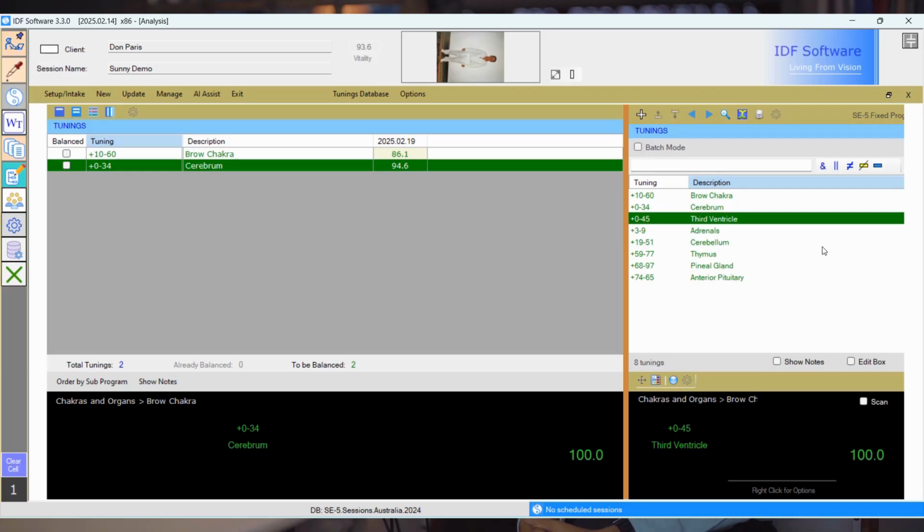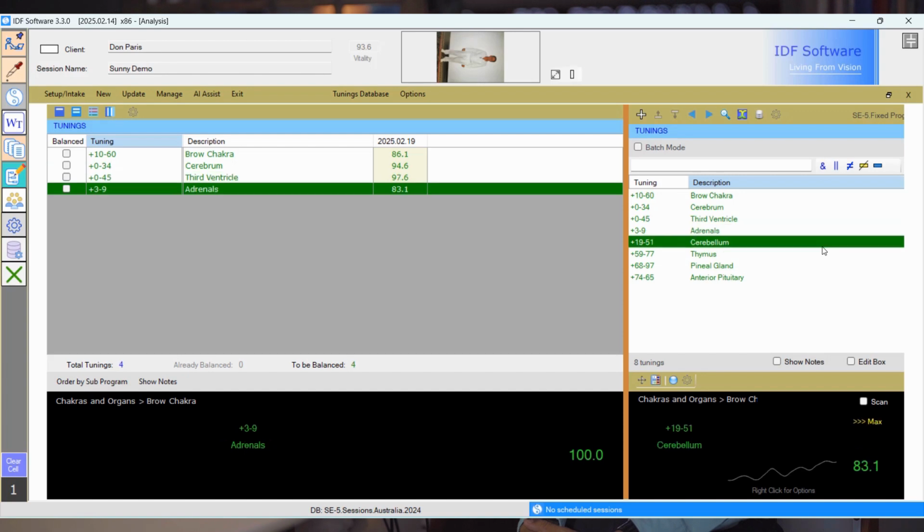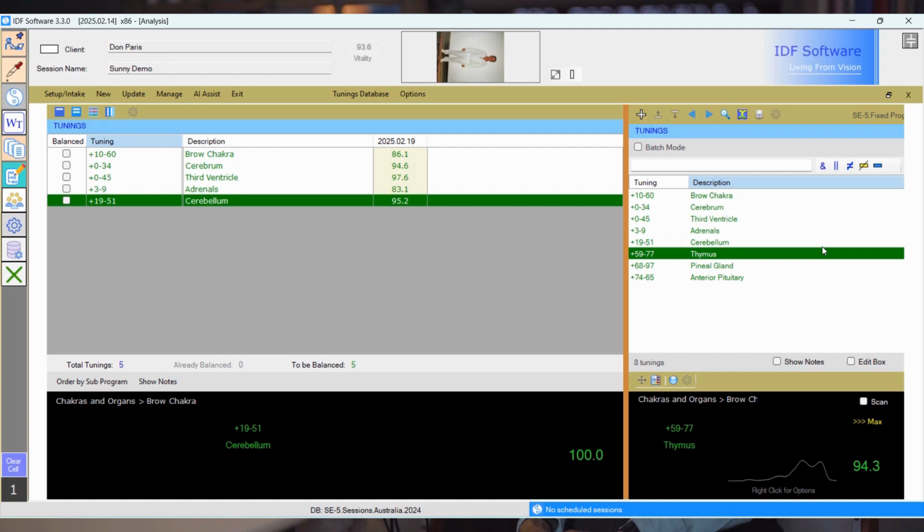So let's do the third ventricle. That's 97%. Okay, so we'll go to the adrenals. That one's lower, about 83%, and that's probably why that chakra was lower. Now the cerebellum. That one's okay, 94%.